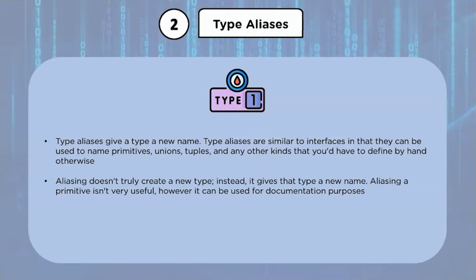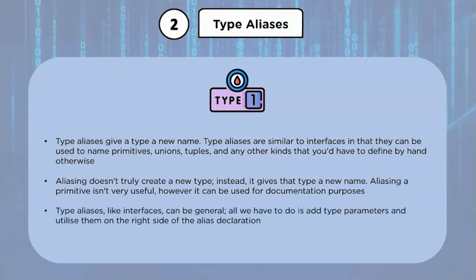Aliasing a primitive isn't very useful. However, it can be used for documentation purposes. Type aliases, like interfaces, can be generic. All we have to do is add type parameters and utilize them on the right side of the alias declaration. This is the syntax for type aliases.